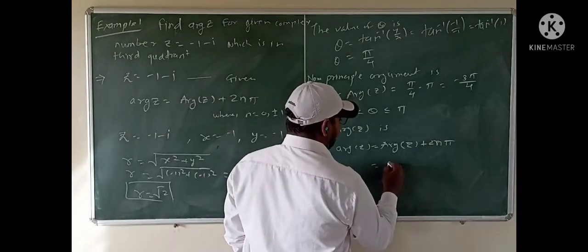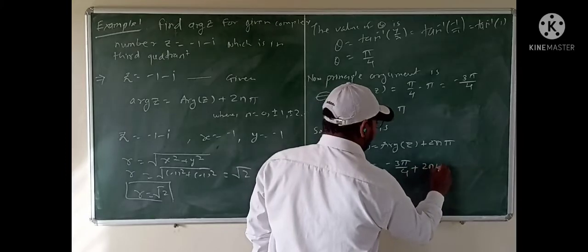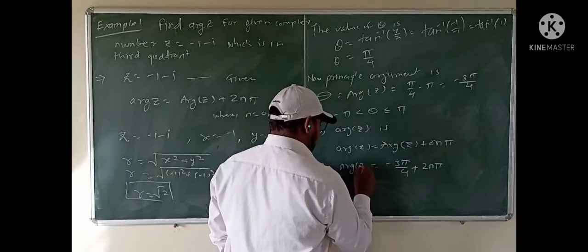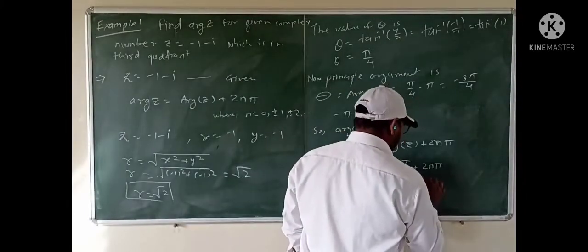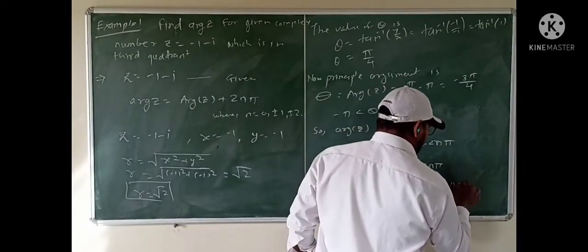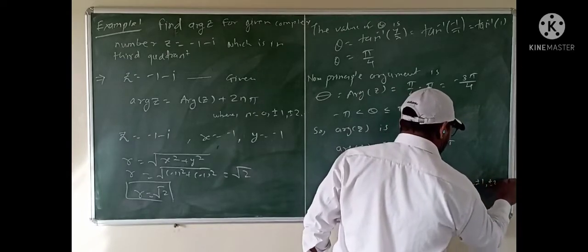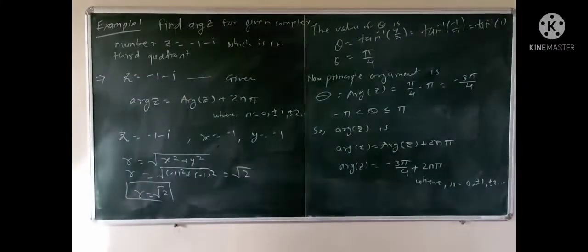So this can be written as minus 3 pi by 4 plus 2 n pi. Okay, this is our answer, the argument of the given complex number, where n is equal to 0, plus minus 1, plus minus 2 and so on. That is, n is an integer.